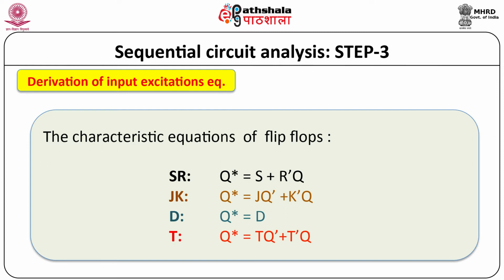The equation for SR is Q star is equal to S plus R bar Q. For JK flip flop, it is Q star is equal to J Q bar plus K bar Q. For D flip flop, Q star is equal to D, and for T flip flop, Q star is equal to T Q bar plus T bar Q. Please note, Q star represents the next state and Q, Q bar represent the present state of the flip flop.